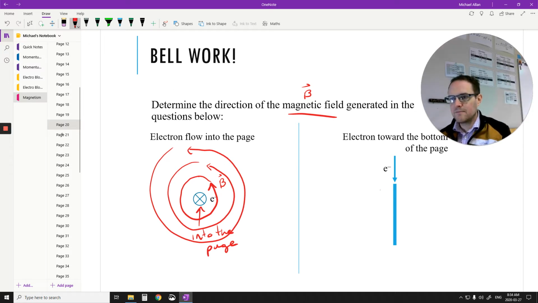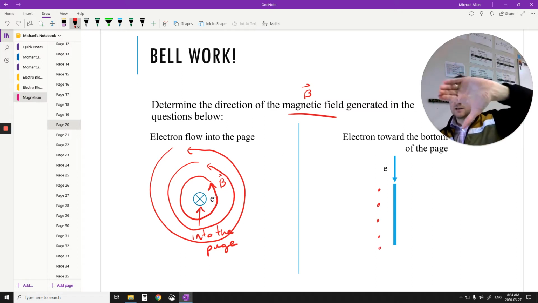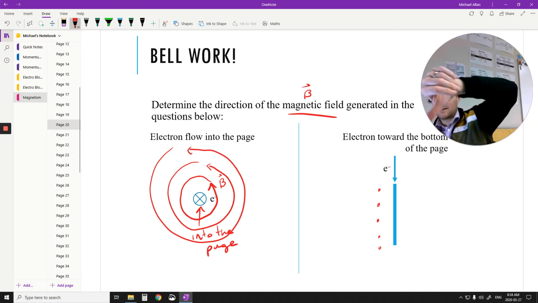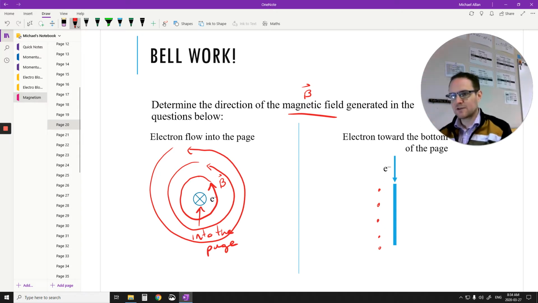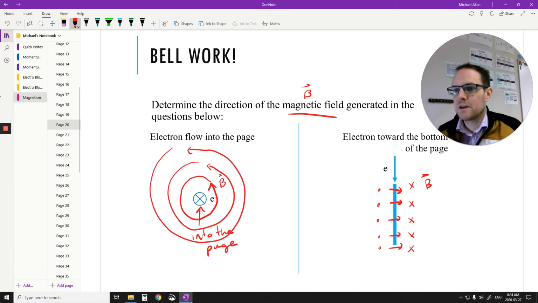So we're going to say it comes out of the page on this side. That's where my fingers are coming out. I'm going to wrap around and then go into the page on the other side, so I'm going to put a bunch of X's on that side to denote that they're going into the page. They're going over the top in this direction. Okay, so that's my magnetic field for that one.